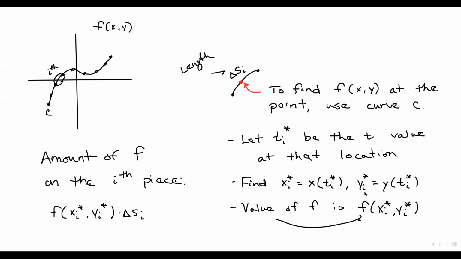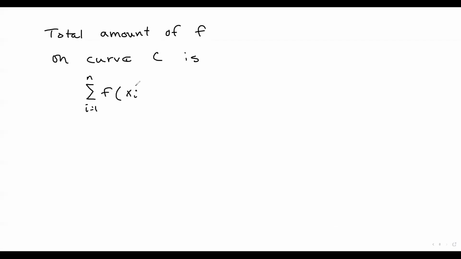So the total amount of f on curve C is the summation i equals 1 to n of f of x sub i star, y sub i star, change in s sub i, limit as n goes to infinity.